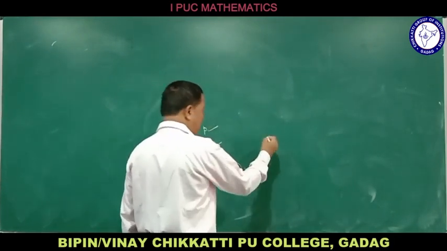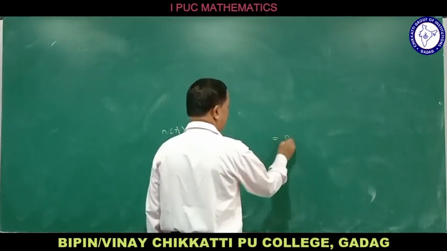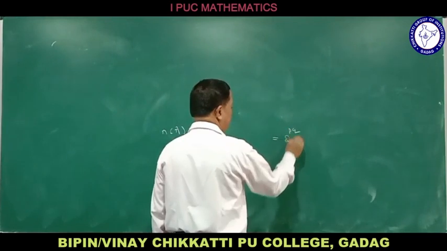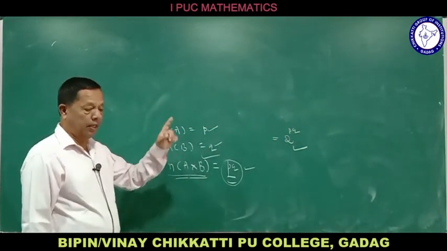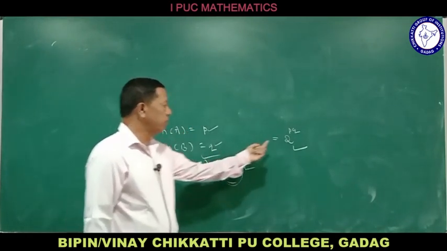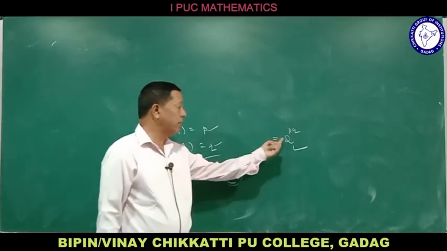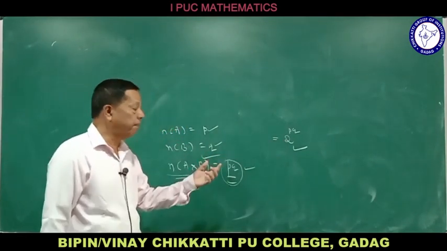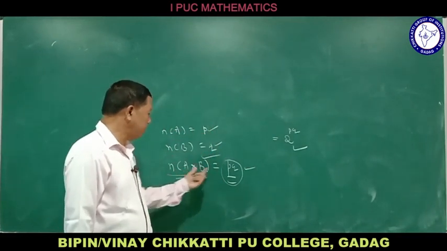So the total number of subsets is given by the formula 2 raised to PQ. Already I told you 2 raised to n, where n is the number of elements. Here the number of elements is PQ.